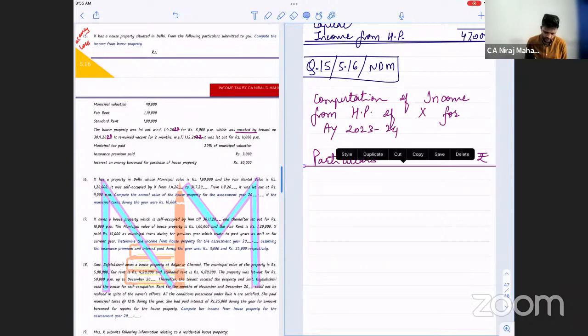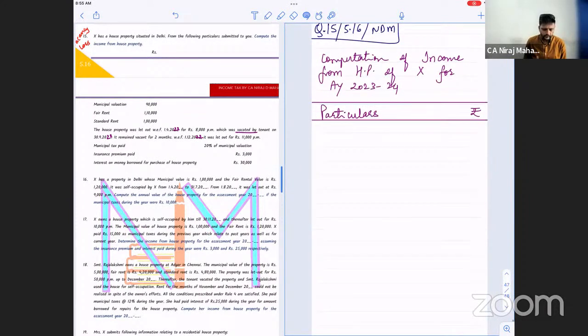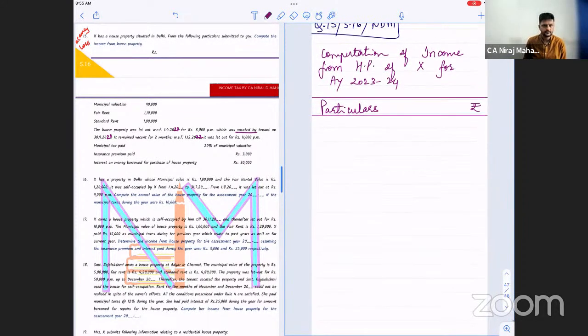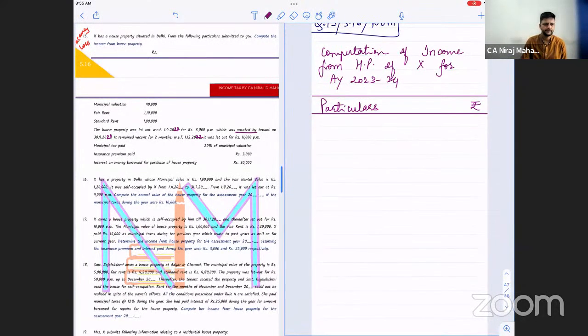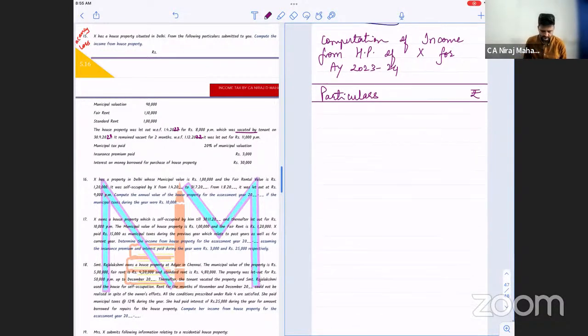Should I give this to you to solve? So try it. I'll give you 2 minutes. Directly give me what's income from house property. Final answer, I want the final answer.